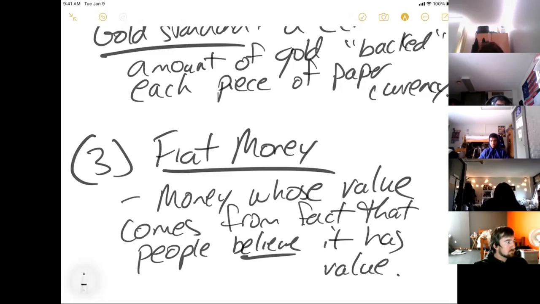It is a belief system. Or, as many economists have talked about it, it is essentially a measure of societal trust. We trust that money has value.